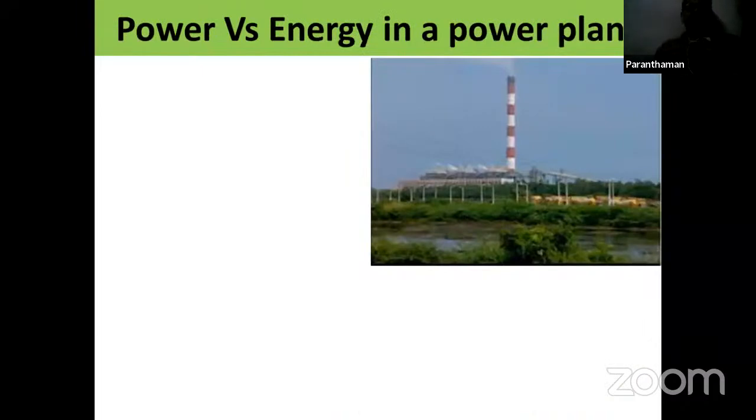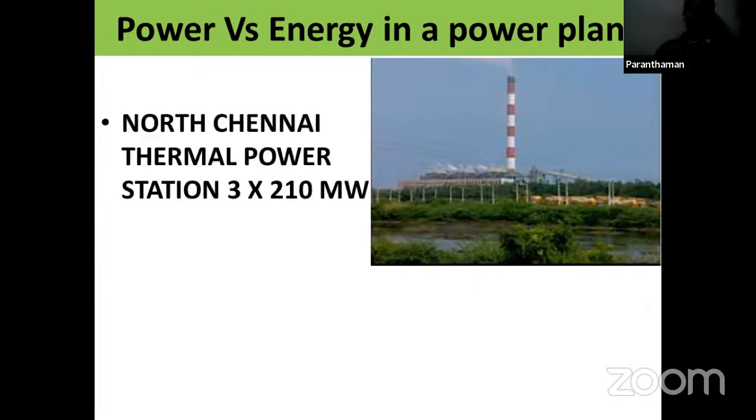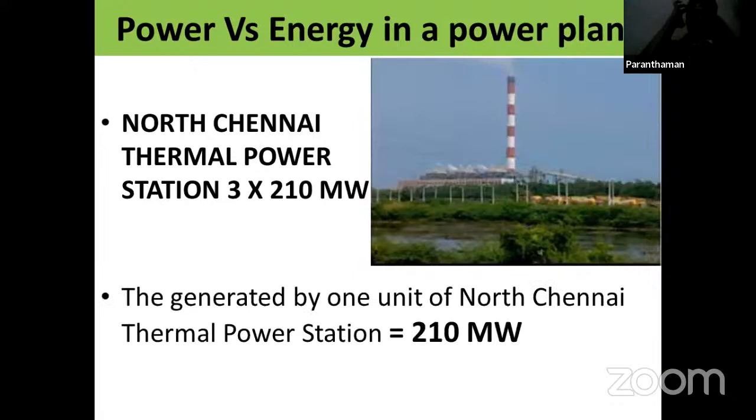Power versus energy in a power plant. This is North Chennai Thermal Power Station, stage 1, situated in Chennai. There are 3 units. One unit is having a power of 210 megawatt.